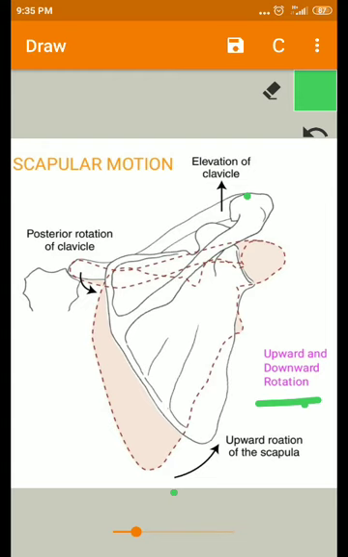So this classification is done only for our study purpose, to understand or to visualize the motion, to differentiate the scapular motions.